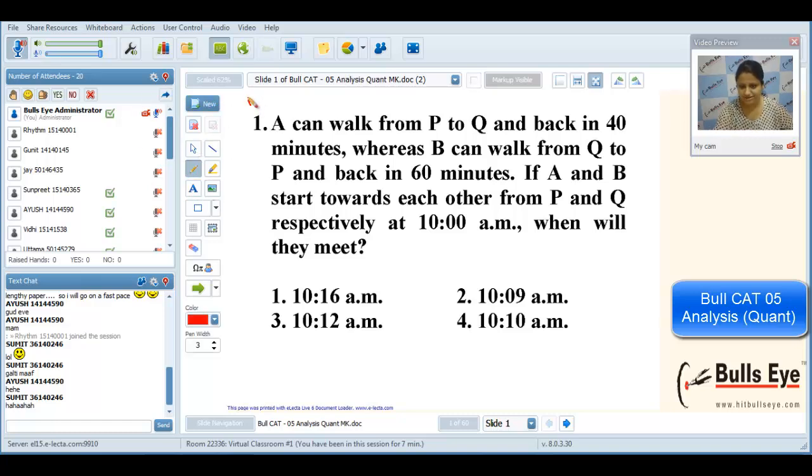It was of moderate level. Any problem in this?